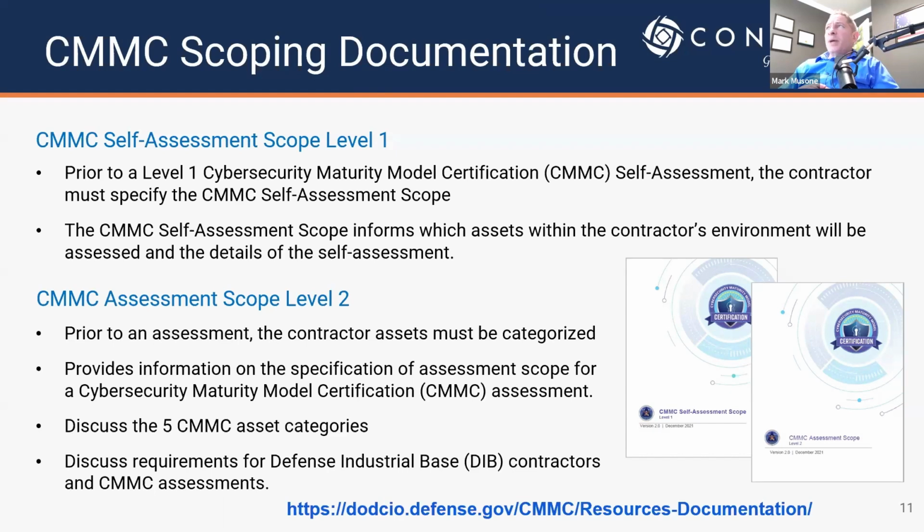When it comes to scoping and the scoping guides, as Anna mentioned, and I tell my assessor students and other OSCs and other contractors, scoping is probably the most important thing to a contractor that essentially is going to make or break whether you actually get CMMC certification or not.